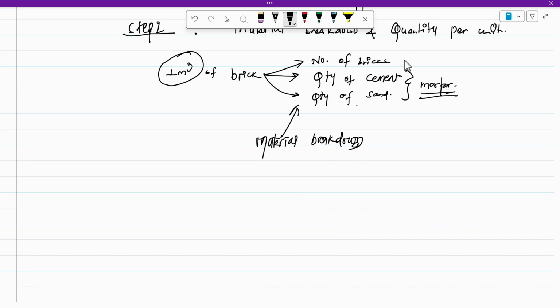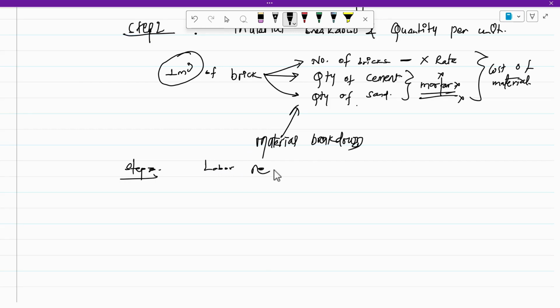So once you know the material, then you need to multiply with the rate of each material. You multiply all the material with the rate to get the cost of material, right? So next, after you have done with the material, you need labor requirement.